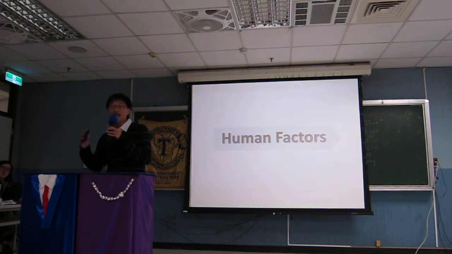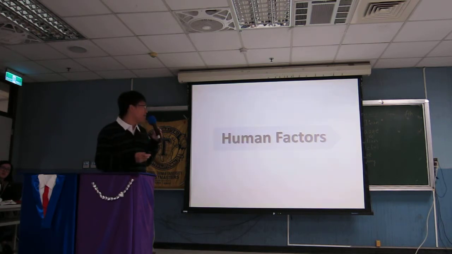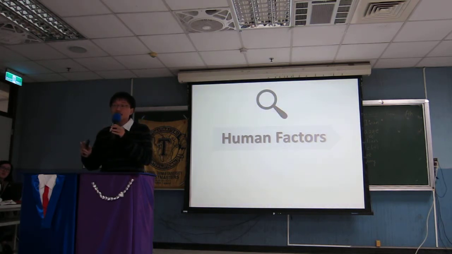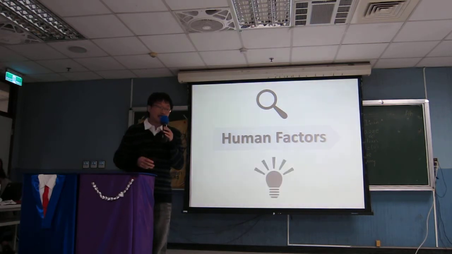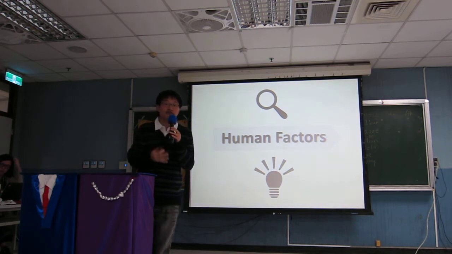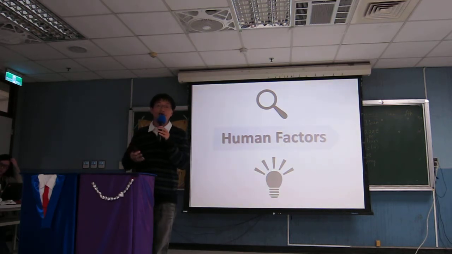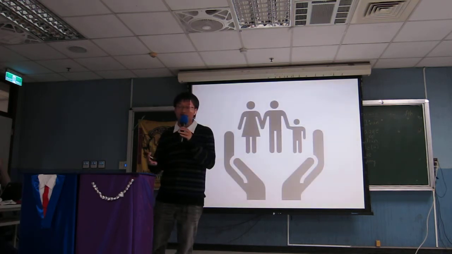So next time, all we have to do is try to observe a little more closely, pay a little more attention to the common medical errors in our healthcare system, and maybe use our creativity to find a solution in regard to human factors. Then we'll be able to make our healthcare system a safer and better place tomorrow.